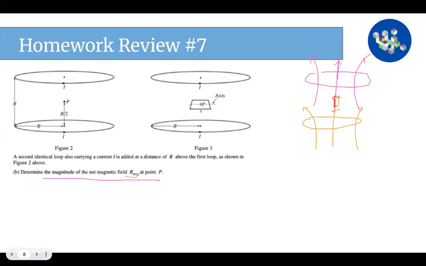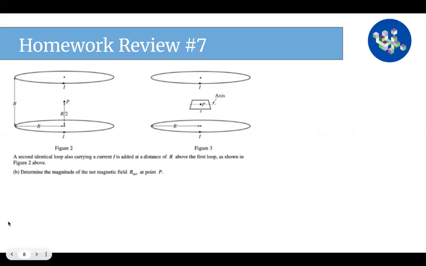So the total magnetic field is just the two contributions added together, which is 2 times the B of each individual wire. To find the B of the individual wire, we did that in the first homework problem, so that will be the answer for the magnetic field at the point P.